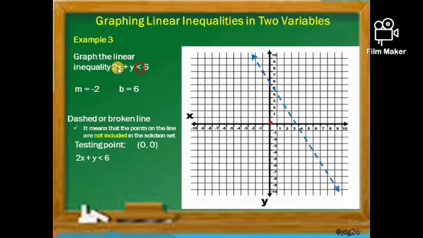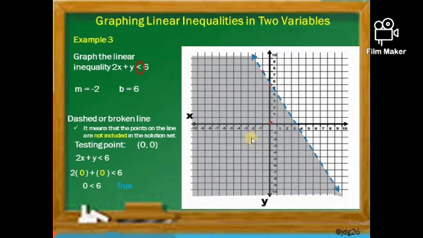Substitute sa original na given, 2x plus y is less than 6. Palitan natin ang x ng 0 at ang y ng 0. Simplify, 2 times 0 is 0 plus 0. So, 0 pa rin siya. 0 is less than 6. Is this true? Yes, it is true. So, ibig sabihin, ang kailangang lagyan ng shade ay yung part kung saan natin makikita ang point na 0, 0 at ito yun. And this is now the solution.